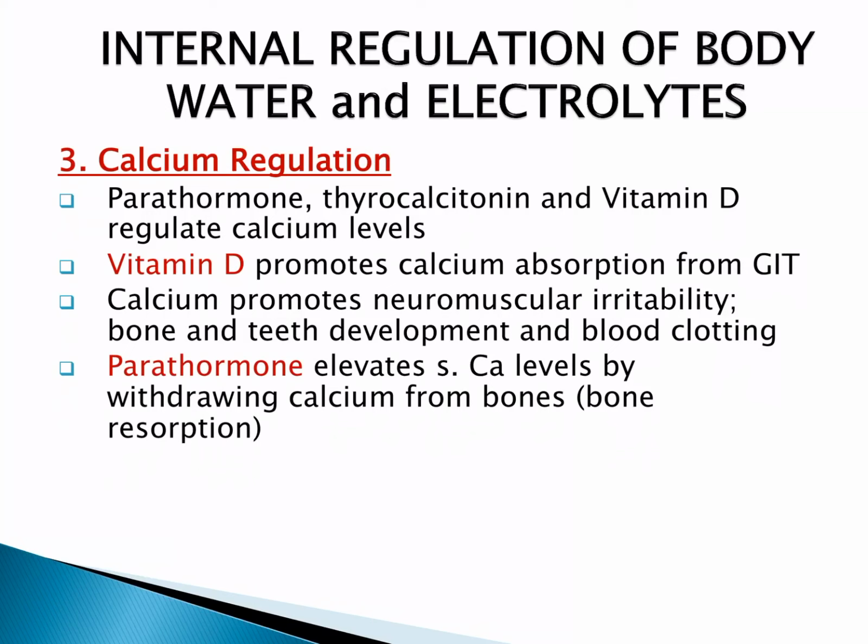So your parathormone acts by elevating the serum calcium levels by the process of bone resorption, meaning the calcium in your bone goes to your blood vessels. So that is your bone resorption. Okay. By the way, your parathormone is your parathyroid hormone.